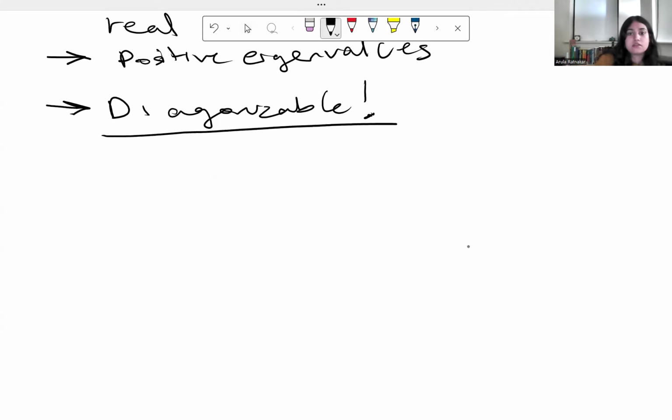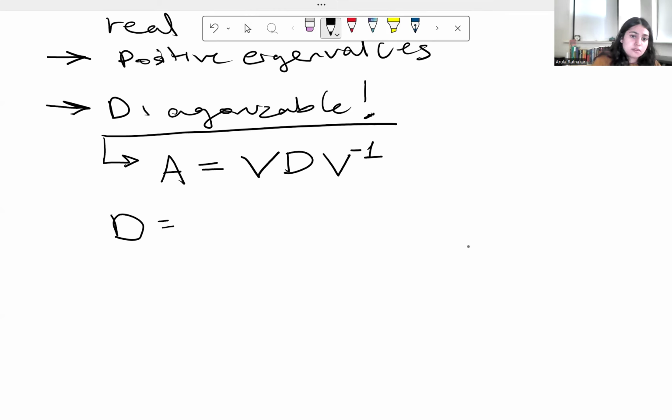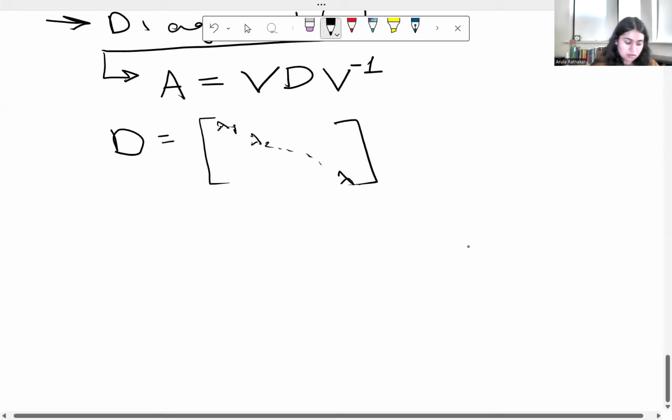Because A is diagonalizable, it can be represented as A equals V D V inverse, where D is a matrix that has all the eigenvalues of A on the diagonal. So D is a diagonal matrix.